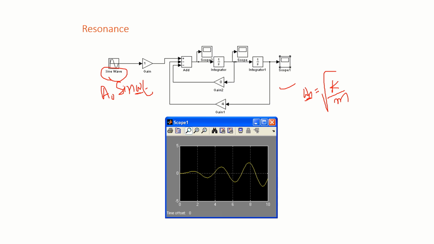If I set omega equal to omega n, then you can see the system resonating. If I make the damping value 0, it will build up and finally reach some infinite value. So then you can understand how resonance occurs in a system.